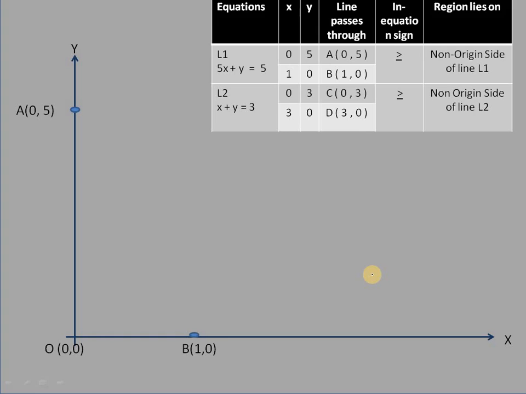Now don't wait and plot point C and D. If you plot all 4 points, then you may mistake in drawing the line.